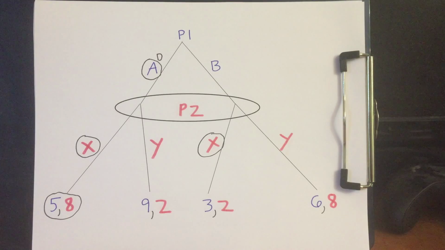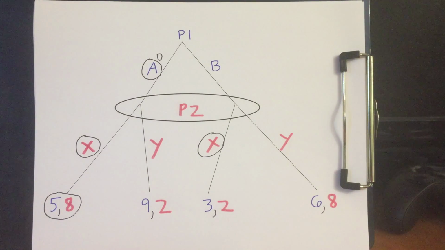So when player 1 is writing down A or B, player 1 will say, if player 2 is going to pick X, he's going to pick X regardless of whether I picked A or B, and the same with Y. So player 1 will say, my move of A or B can have no effect on what player 2 is going to do. Now, it's true that what player 2 thinks player 1 is going to do will affect what player 2 does, but that's different from what player 1 actually does.